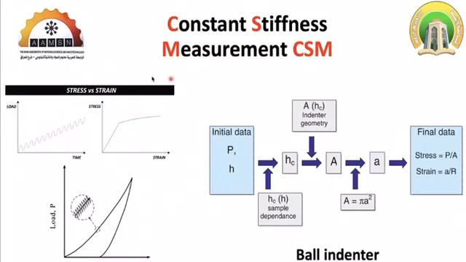But remember, this is called the indentation stress-strain curve. It can be used to define the modulus of elasticity with high accuracy. It can be used to define the yielding point, but there is a debate about the plastic behavior of the material.